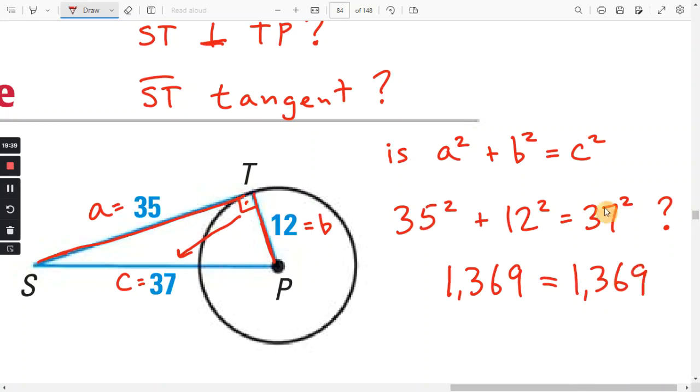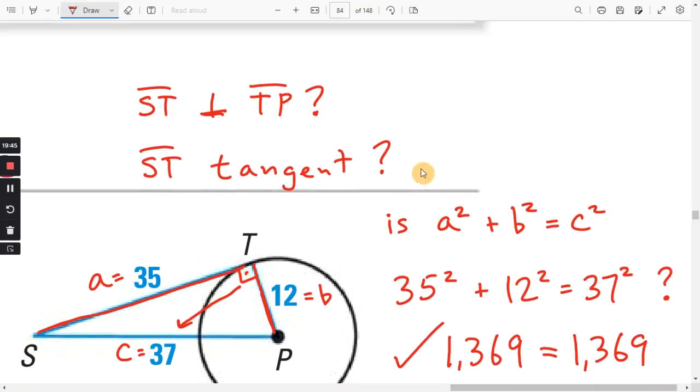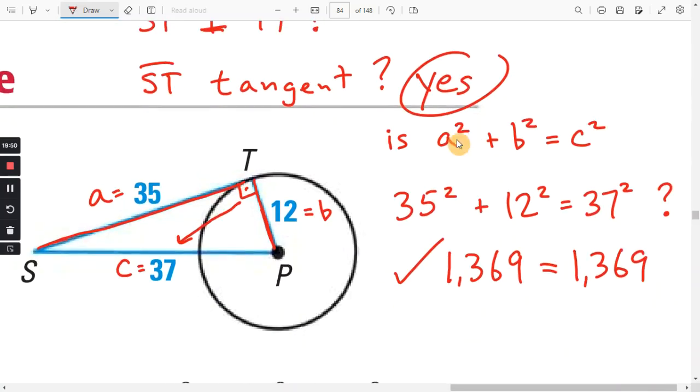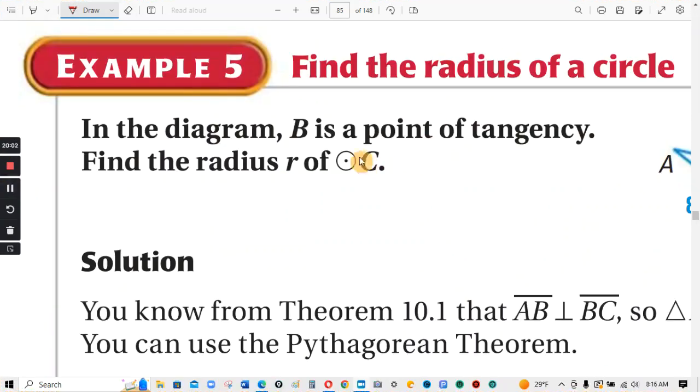Okay, I did both of these on the calculator. So the answer to this question is yes. Okay, that proves that this line here is a tangent line. So the answer is yes. Or you can say a tangent segment.